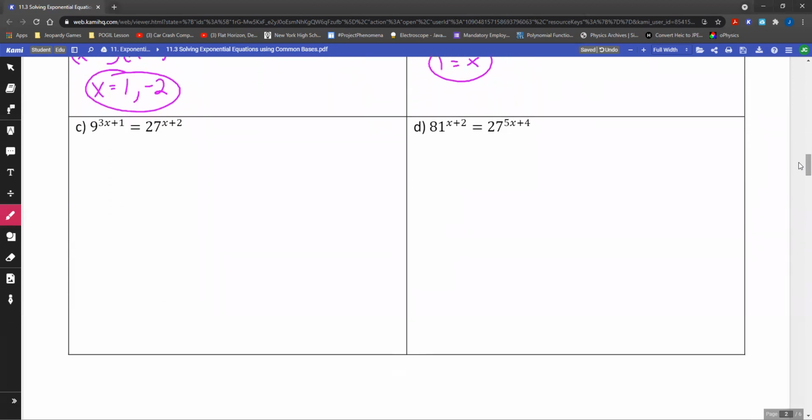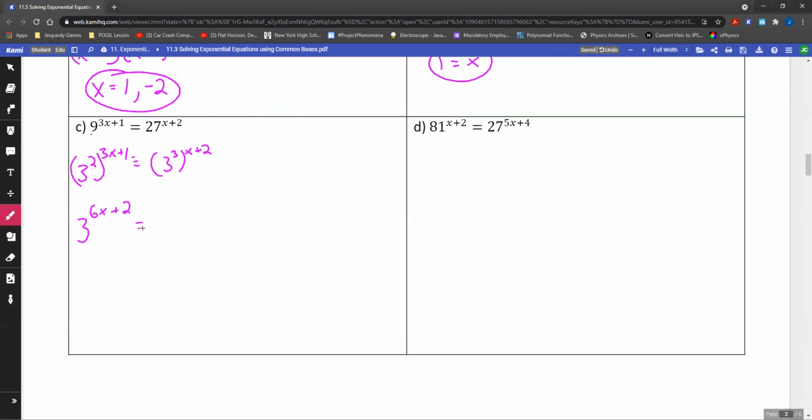All right. Going down here. Now again, as I said before, 9 squared doesn't equal 27. There's actually nothing I could do to 9 to make it equal to 27. So instead, I know that 9 can be rewritten as 3 squared. And I know 27 can be rewritten as 3 cubed. Using the power rule, I'm going to multiply 2 with the powers on the outside. So 2 times 3x is 6x, plus 1 times 2 is 2.